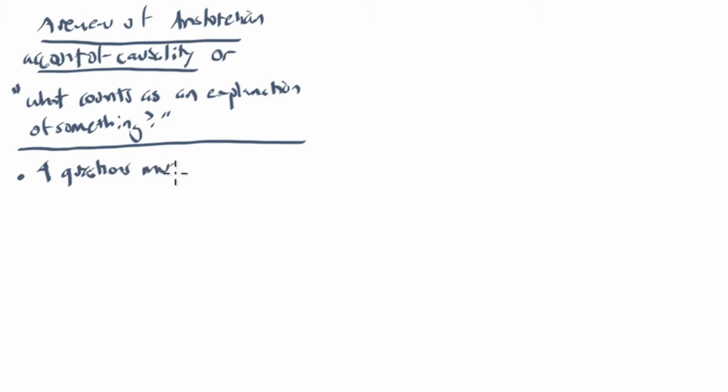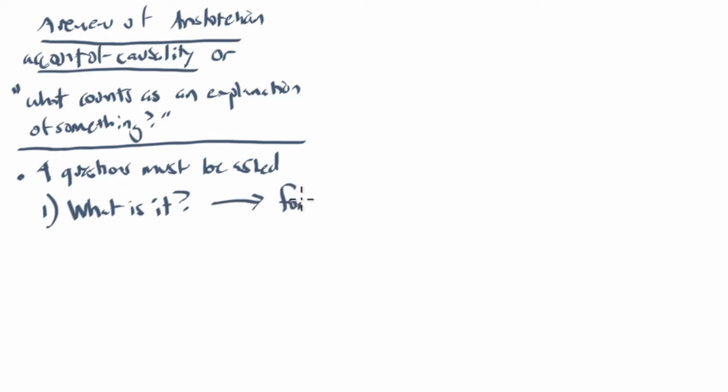The first question is, what is this thing? And the answer to that will be what he called the formal cause of the thing. I'll give an example in a moment to clarify this.